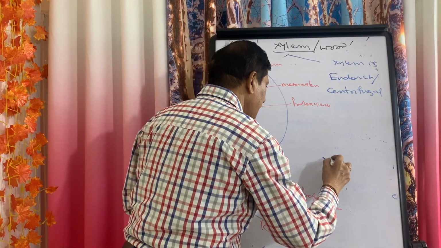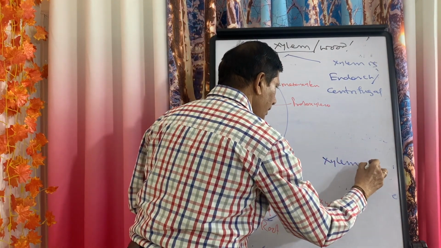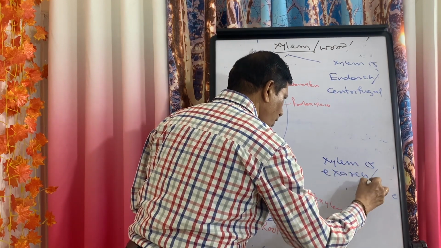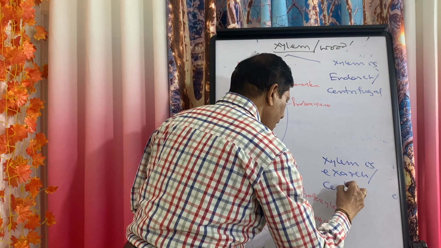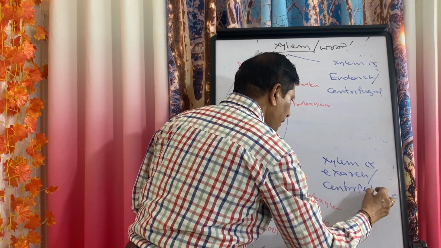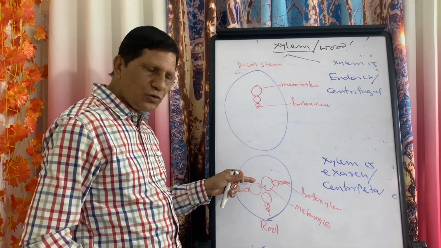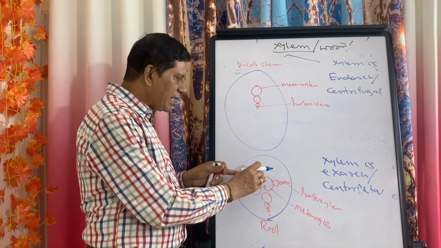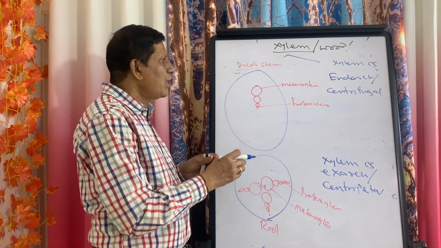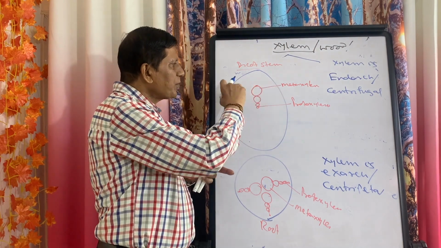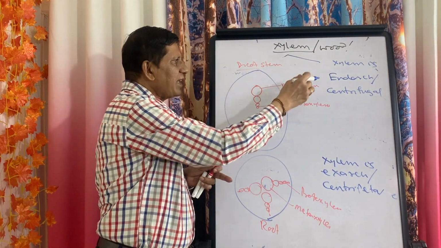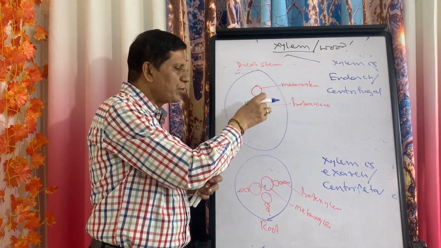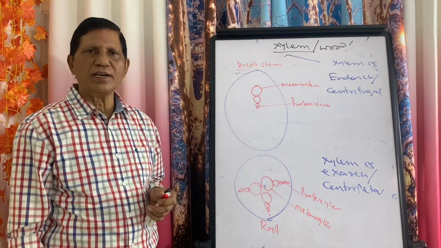Here we can call the xylem exarch, or we can call it centripetal. That means in the case of roots, the xylem is exarch or centripetal, because here the metaxylem is present towards the center. While in the case of stems, it is endarch or centrifugal, because the metaxylem is present towards the outer side and the protoxylem is present towards the inner side.